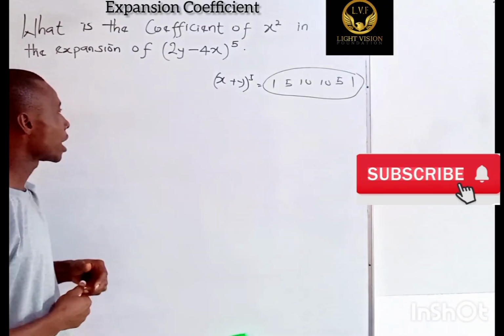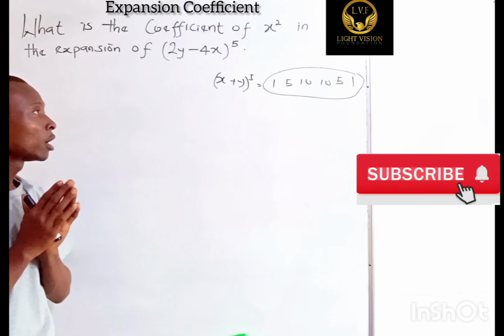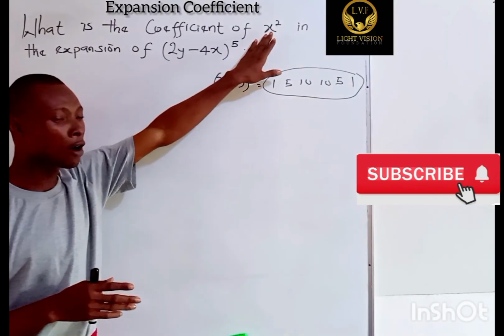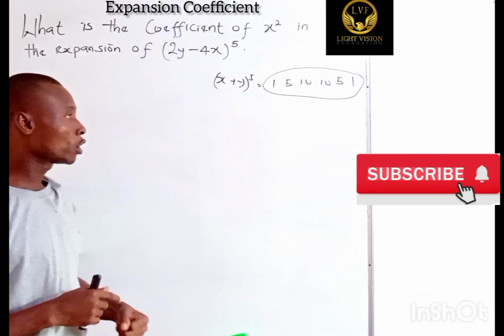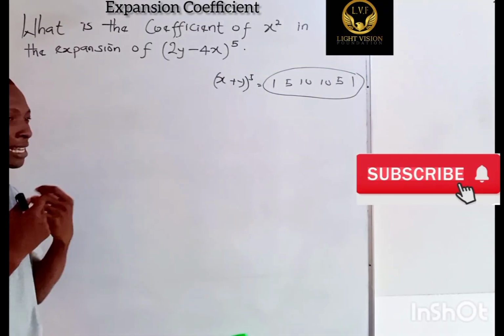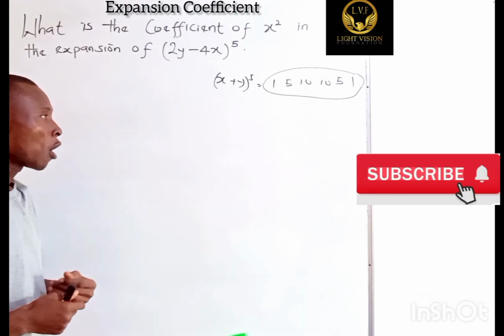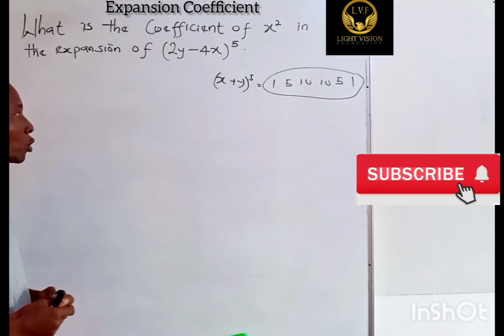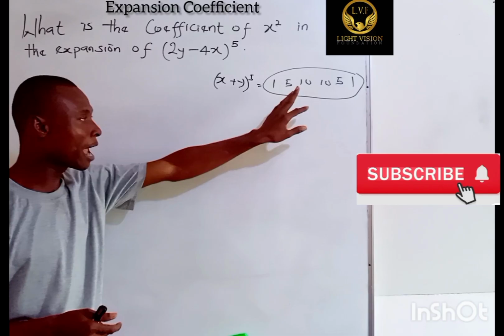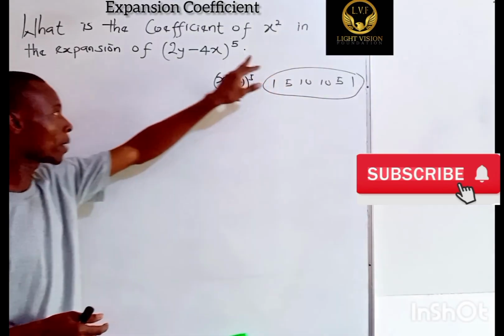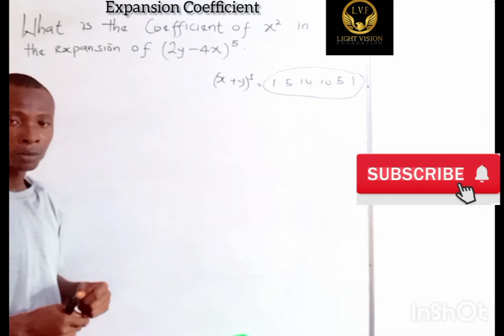But notice here, you are asked specifically for the power of x raised to the power of 2. So you ask yourself, instead of solving the whole question and wasting your time, all you need to do is to extract the coefficient for when the power of x will be 2.